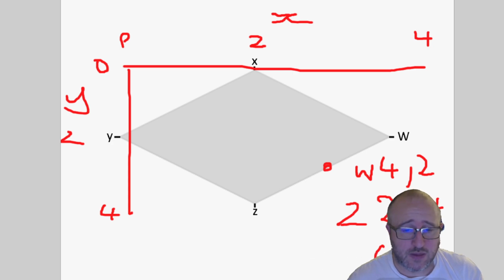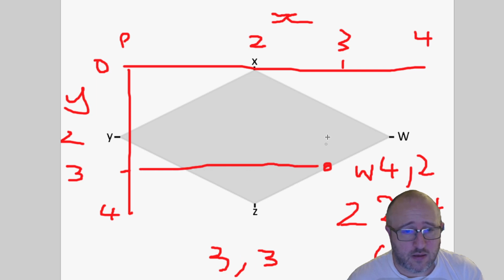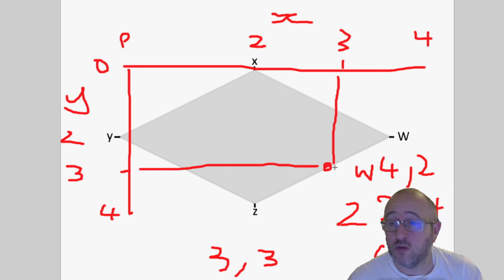Divide by 2, we get 3. So that would be 3 there, 3 there, and that's how you'd get that coordinate.